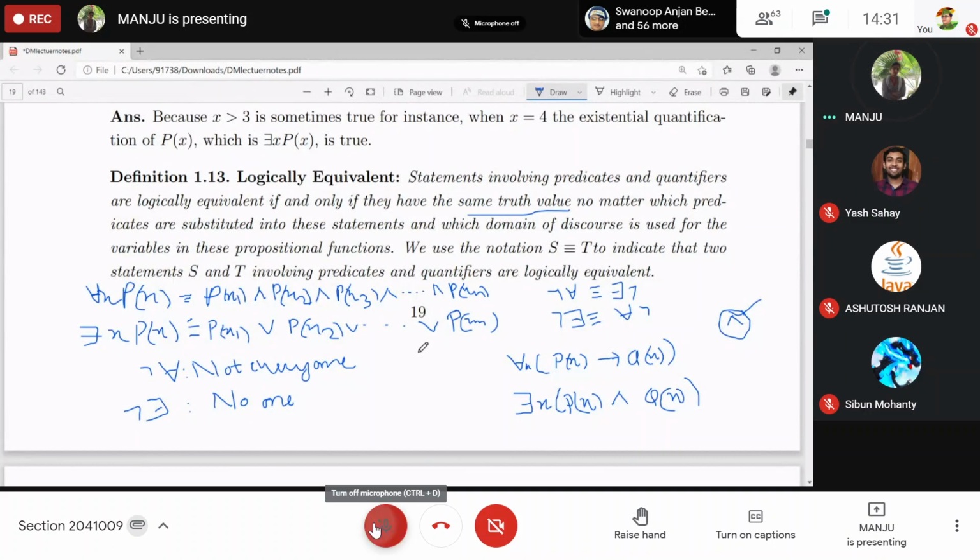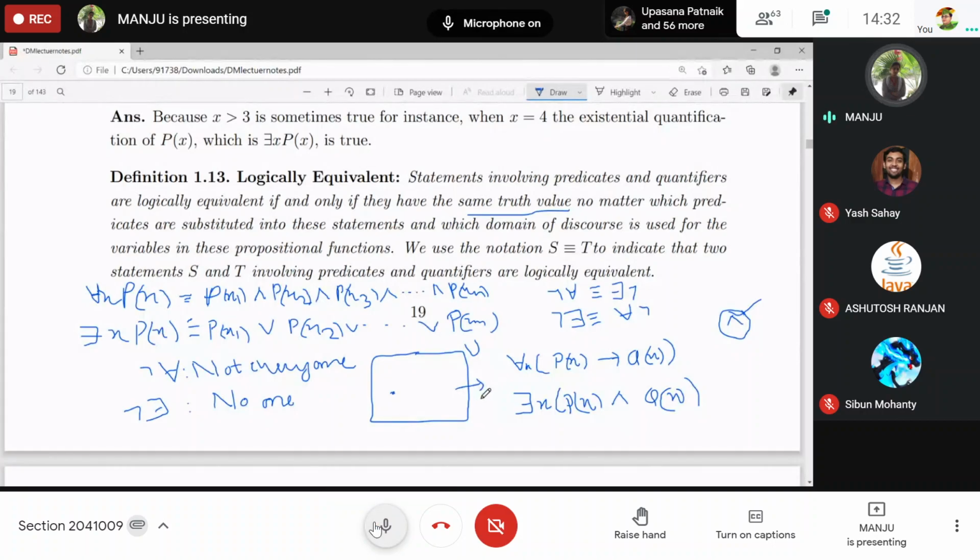See, it means you have a universal set. Whenever you take any x, that will imply, I mean that will be true for that. Clear? So for all will always be accompanied with this implies. But if you're talking about some part of this one, then it can be, right?